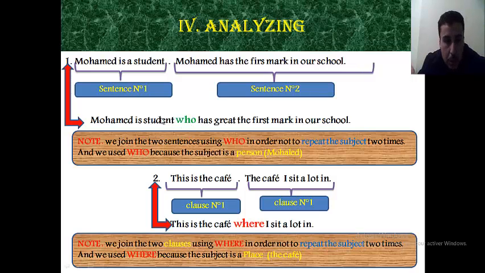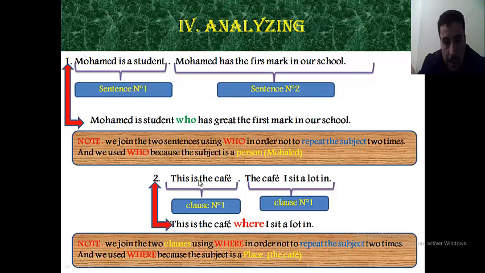We used who because we have a person, Muhammad. Notice that Muhammad was repeated twice, but here only one time. One of the good things about relative pronouns is that they avoid repetition of the noun, or sometimes the pronoun.